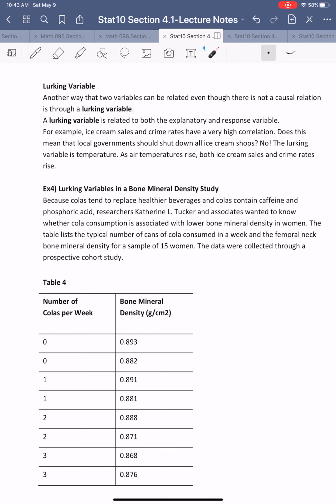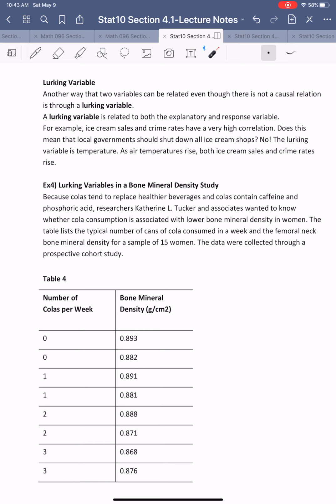Okay, so a lurking variable in a bone mineral density study: cola tends to replace healthier beverages, and cola contains caffeine and phosphoric acid. Researcher Katherine L. Tucker and associates wanted to know whether cola consumption is associated with lower bone mineral density in women.